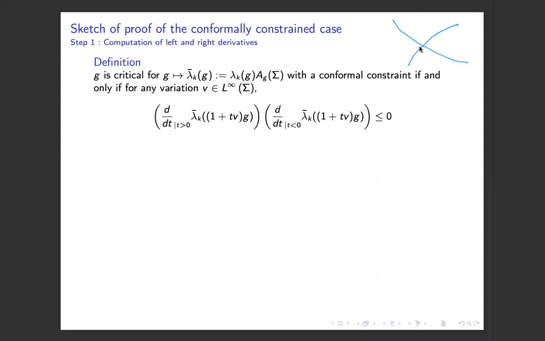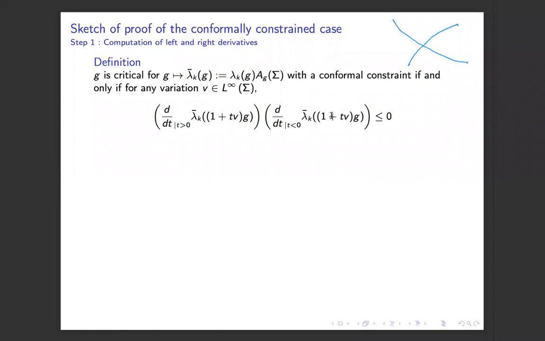And we expect that the metrics are multiple when they are critical, so that we cannot perform a variational problem for a smooth functional. We have to do it for a functional which is non-smooth. And a convenient definition for being critical in this case is that if we take the left derivative and the right derivative, then they do not have the same sign.